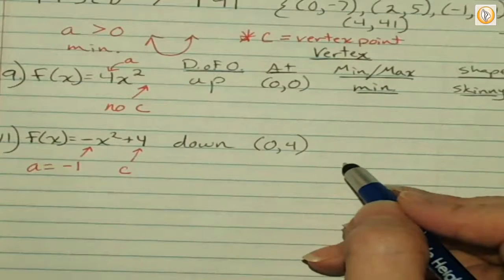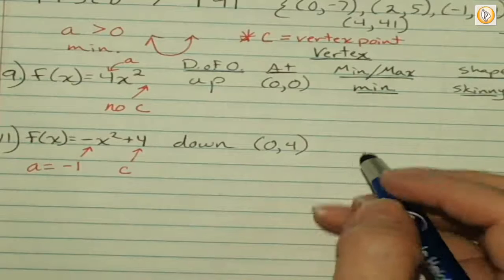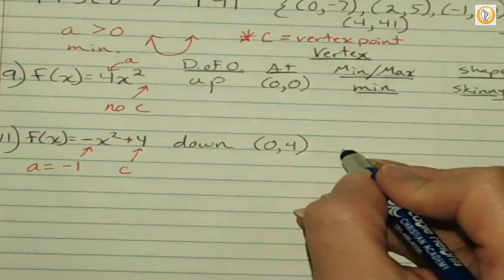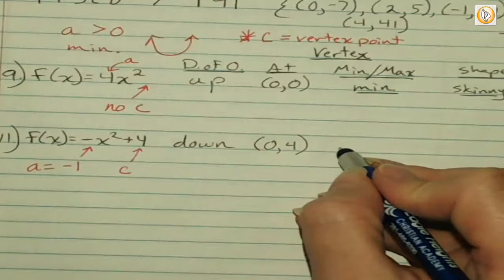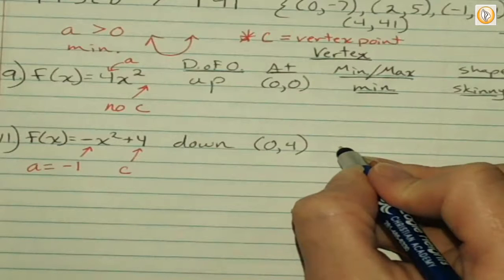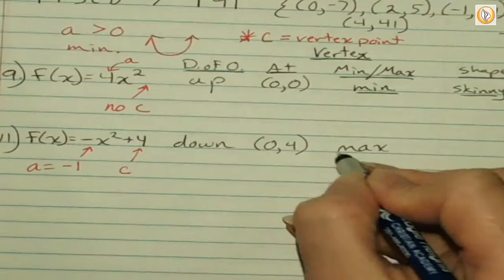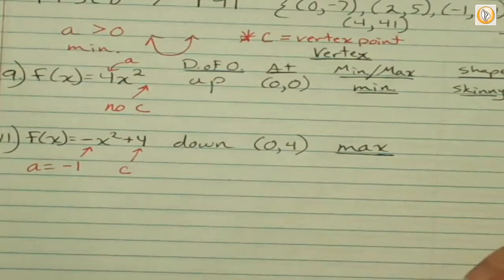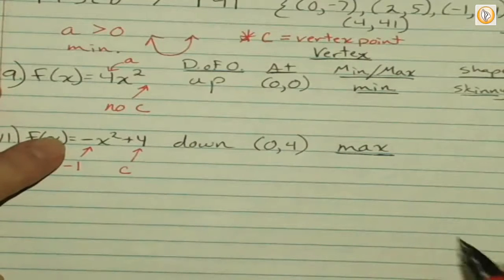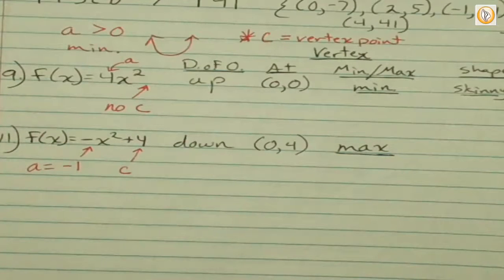All right, now, Sophia, you said it's down. Is that minimum or maximum? Yeah. Max. And the absolute value of negative 1 is what?